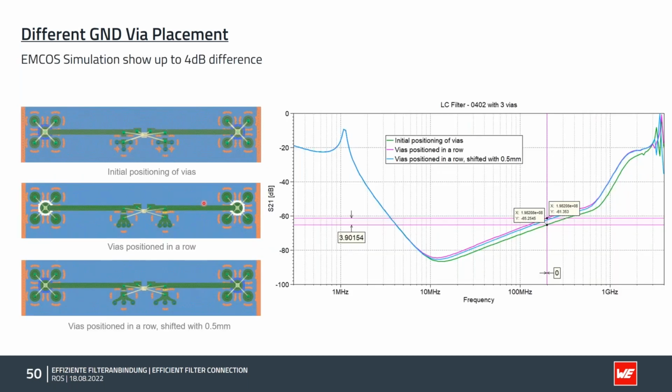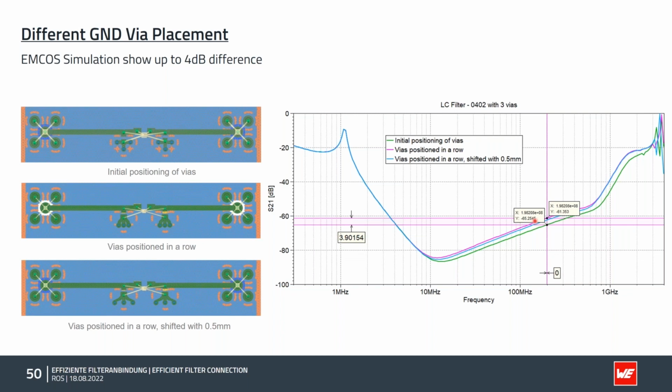That is also possible to simulate with a simulation tool, MCOS, and we have here the good construction with the wires far away from one another. This is the green line here. The second one, the wires positioned in a row, close together, is the red line, and the third one, shifted by 0.5 millimeter distance, is the blue one.